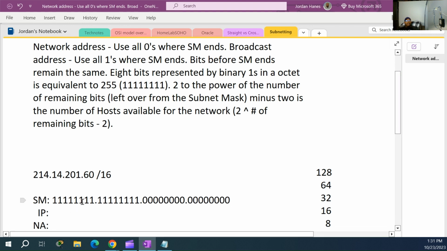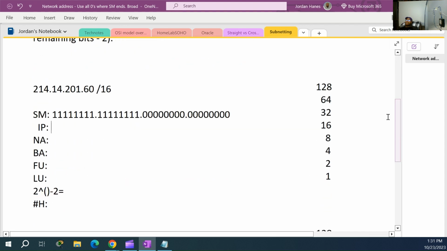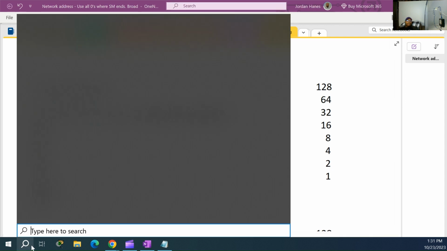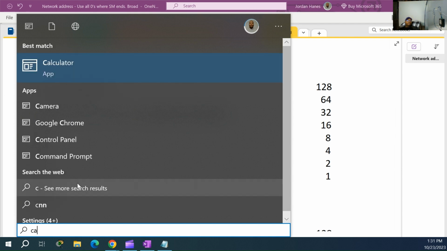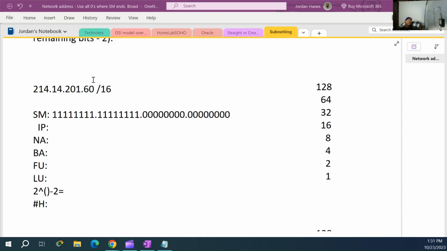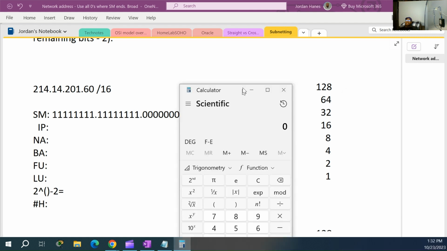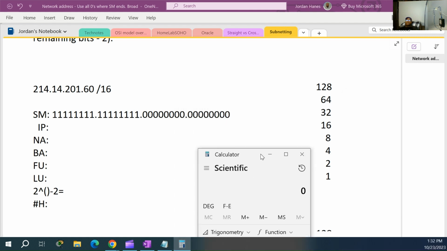And now we're going to go ahead and do our IP address. That's what I have this little chart here on the side for. So we're going to do a little bit of math. Let's go ahead and get the calculator. You all can see it here.